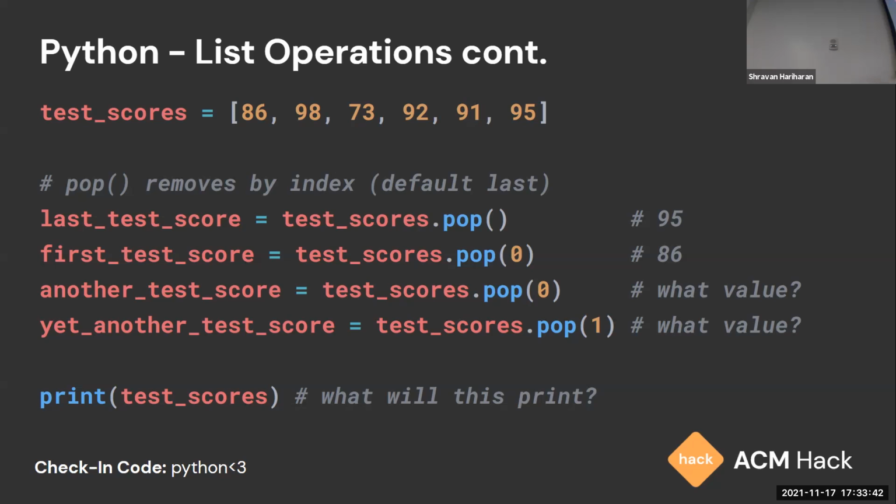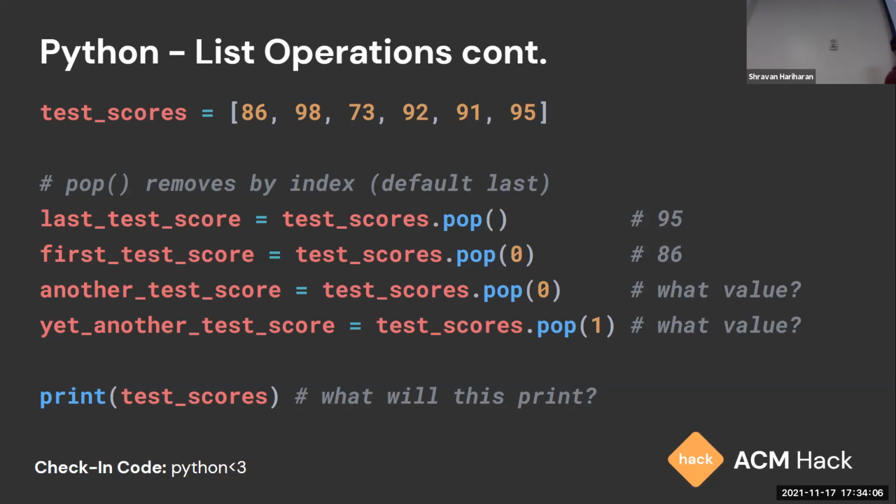Yeah, correct. So 98 would be the first element in the list after we popped the 86. Then what if we pop 1 after we pop the 98? What gets returned? Any guesses? Yes, 92, because our list would be 73, 92, 91.